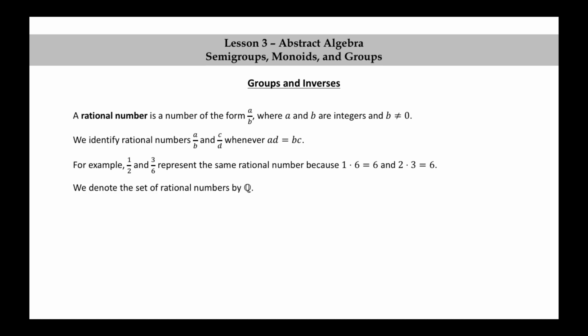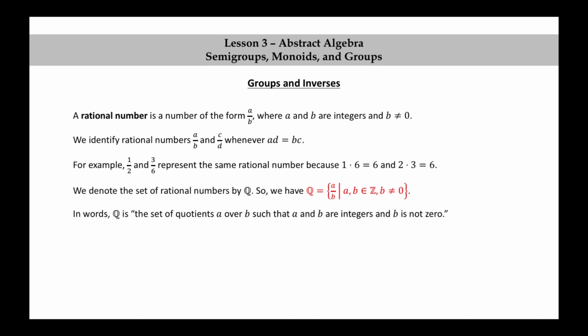We denote the set of rational numbers by Q. Notice the special font we use to indicate that this is the name of a special set, specifically the rational numbers. So we have that Q, the set of rational numbers, is equal to {a/b such that a, b are in Z and b is non-zero}. So again, in words, Q is the set of quotients a/b such that a and b are integers and b is not 0.